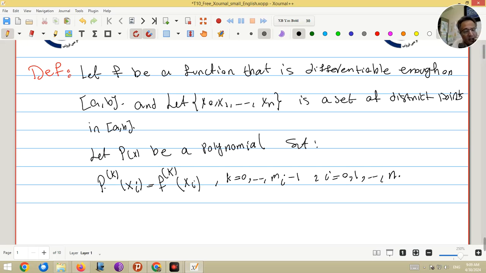In fact, p of x is a polynomial such that the value of the kth derivative of p at the nodal points x0, x1 to xn is equal to the kth derivative of f at the nodal point xi. Okay, this kind of polynomial is called an osculating polynomial of f.